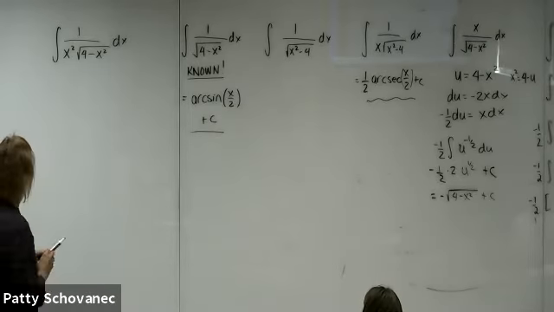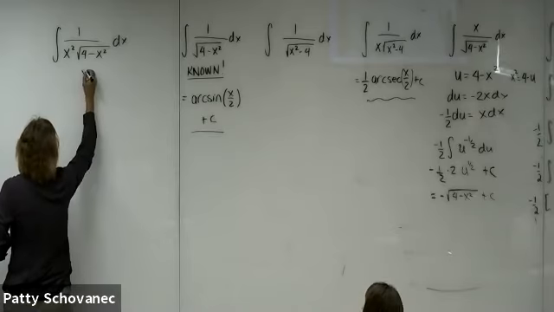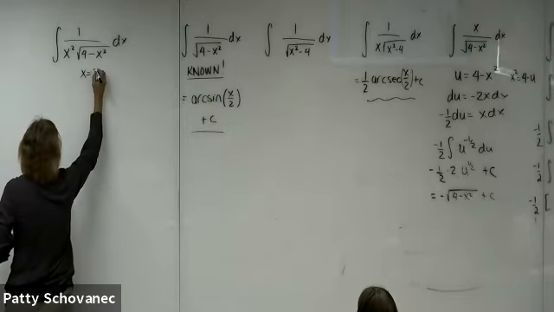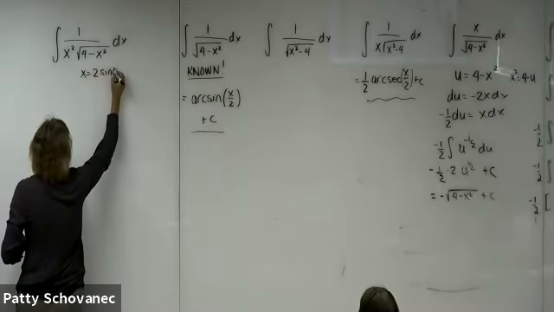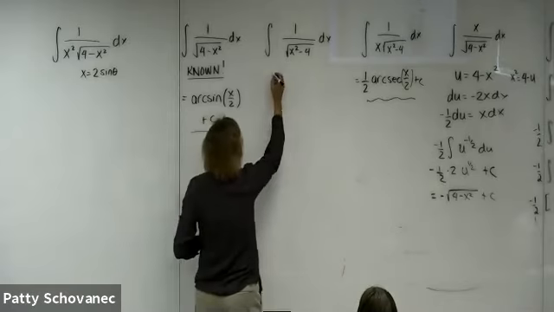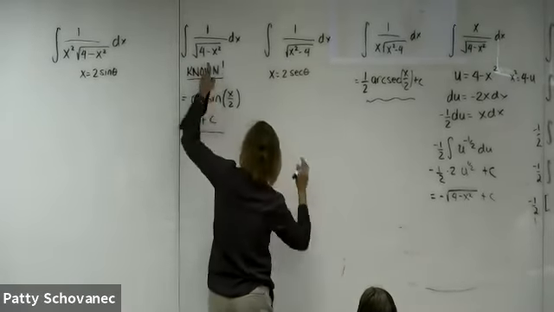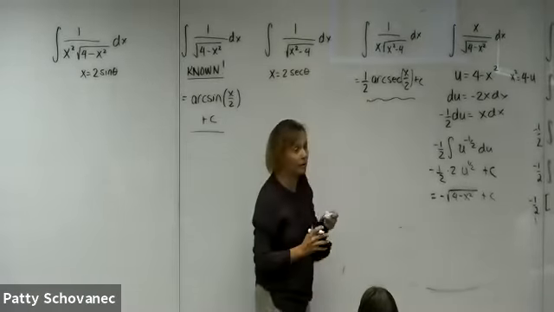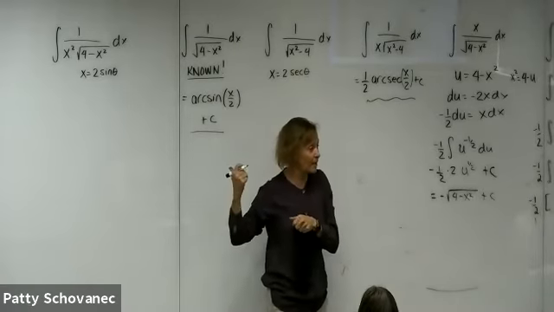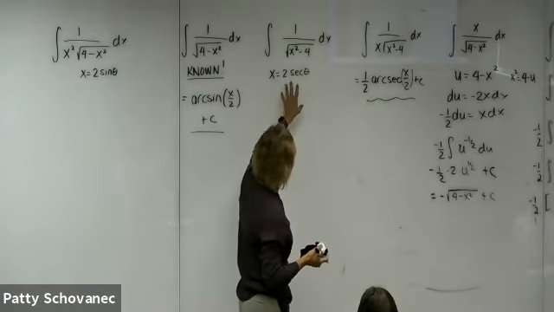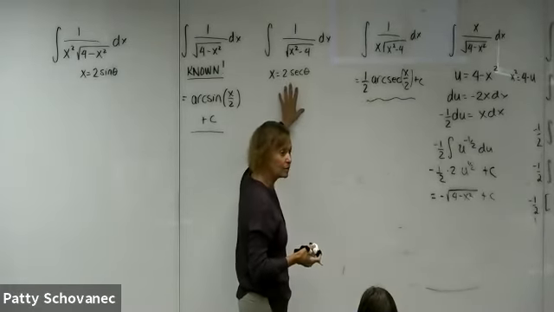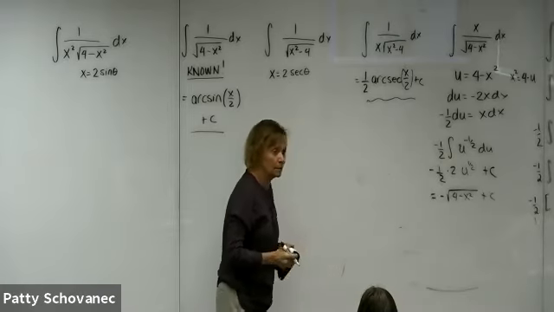You can do these with x is equal to 2 sine theta, and you can do these with x is equal to 2 secant theta. Any of the ones that have the 4 minus x squared would work with the 2 sine theta. Any of them that have the x squared minus 4 would give you the same thing with the 2 secant theta. You just cut my work in half for memorizing.